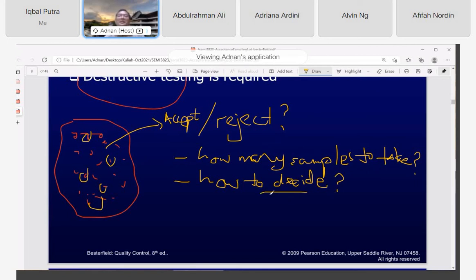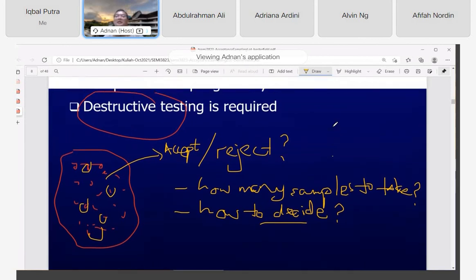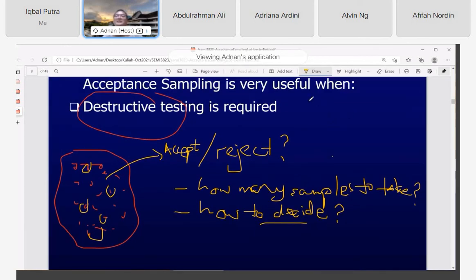This can be a dispute between supplier and customer. So there is a relationship between customer and supplier. The supplier supplies the item, and now you are the customer. You must have an agreement before you order something.